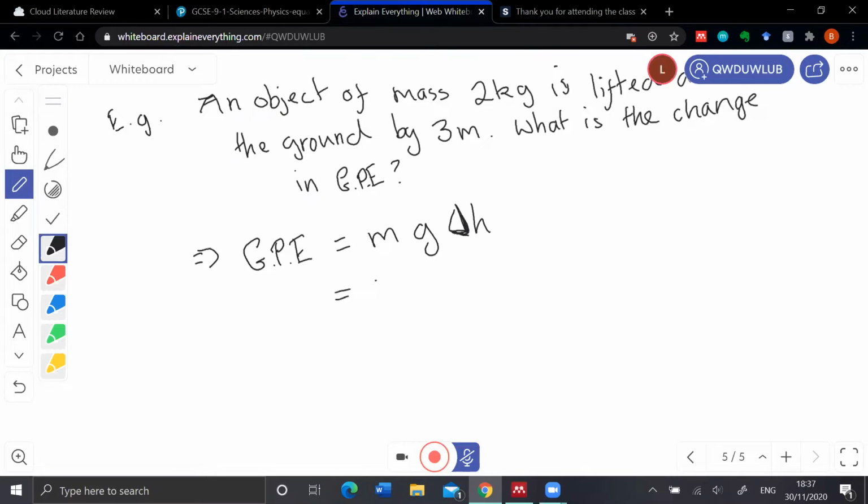So mass 2 kilograms. g on Earth, remember it to be 10. Delta h 3 meters. 2 times 10 is 20, times 3 is 60. So 60. This is energy, so it's joules. I'm going to write that, but it's J just for joules.